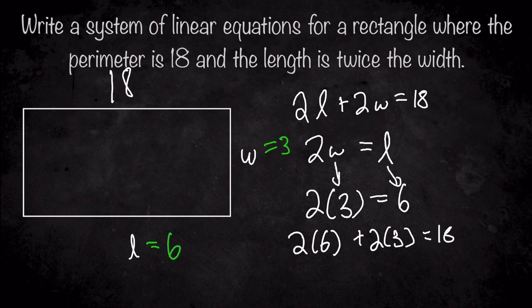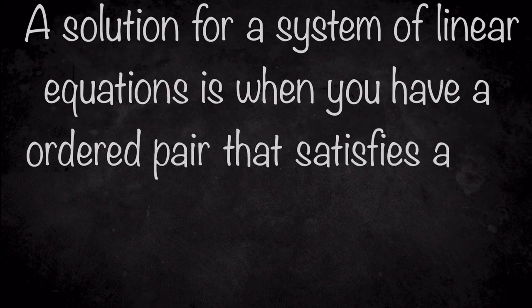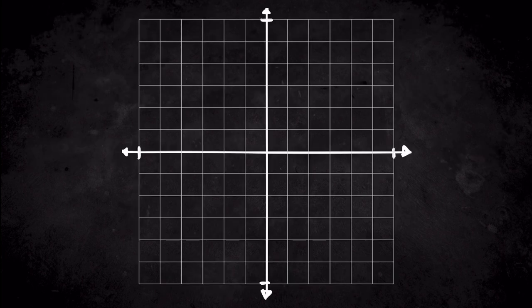Now, going further into the solution of a system of linear equations. A solution for a system of linear equations is an ordered pair that satisfies all of the linear equations. So to find the solution by graphing, if we were to graph those two equations, I'm just going to draw two different lines.